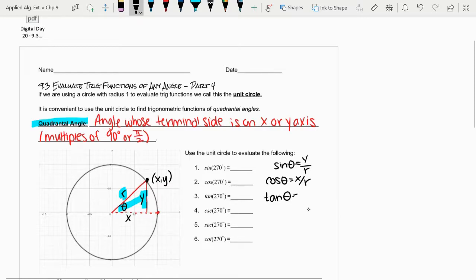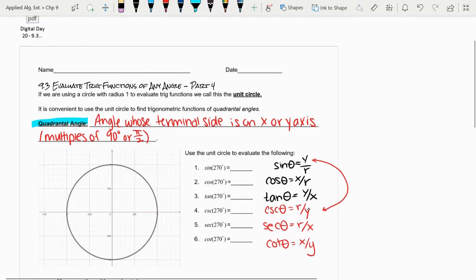Tangent is y over x. So very important values to remember. The other guys are reciprocals, so sine and cosecant, that's r over y. Cosine goes with secant, r over x, and tangent goes with cotangent. So if you're given a point in the coordinate plane, we can actually use that too to find any of our sine, cosine, tangent that we need.